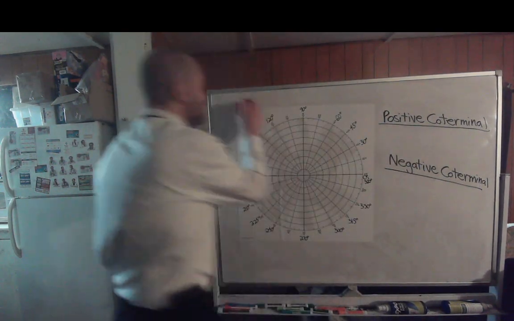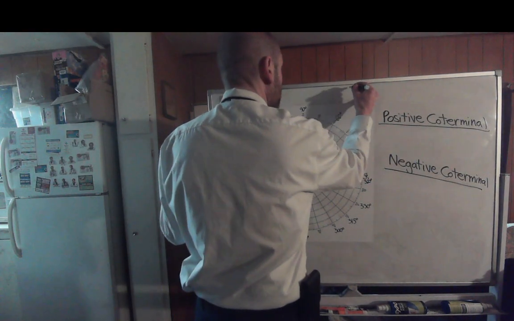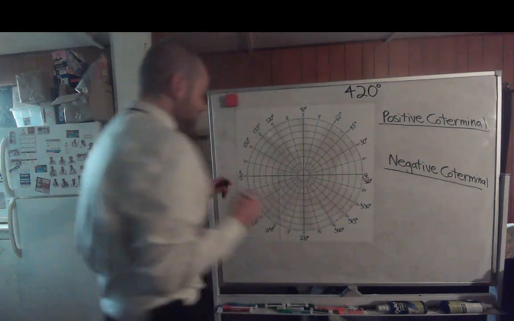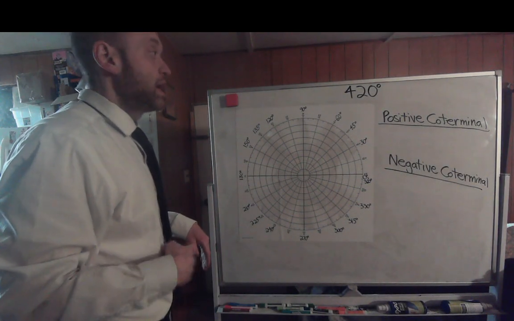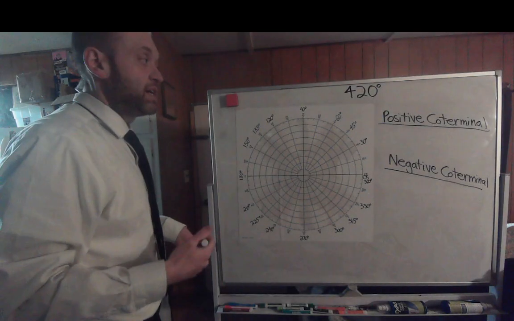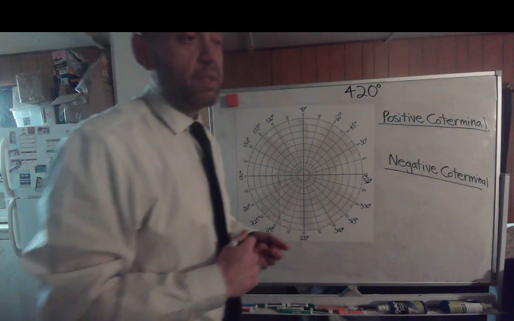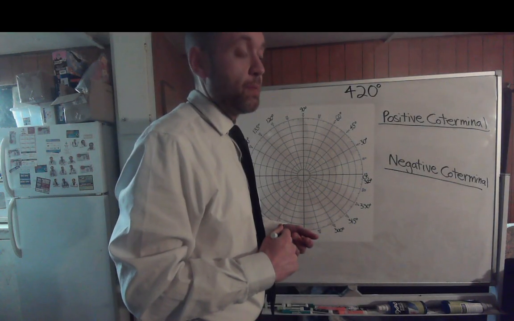All right, let's see here. Now, how about 420 degrees? I still want to find a positive coterminal angle. Well, here's the thing about this. We have a couple options here.